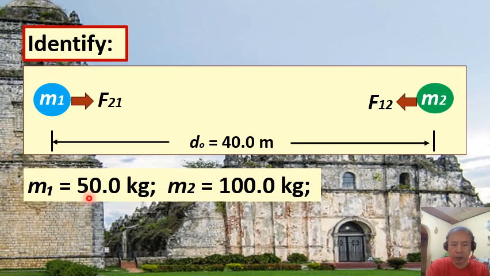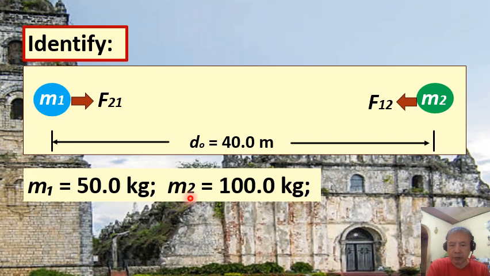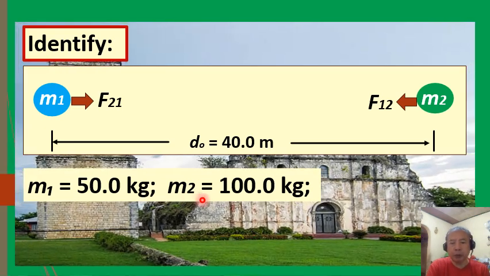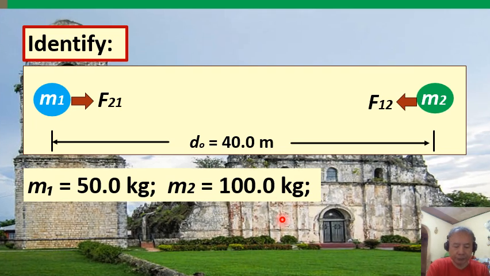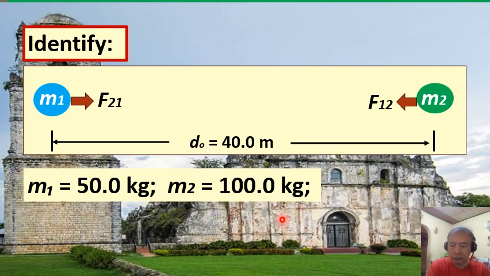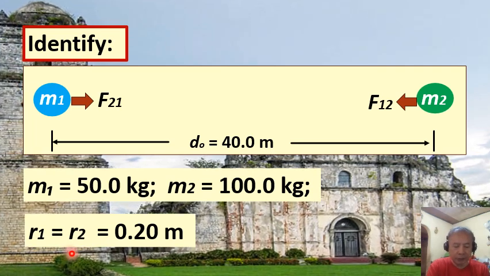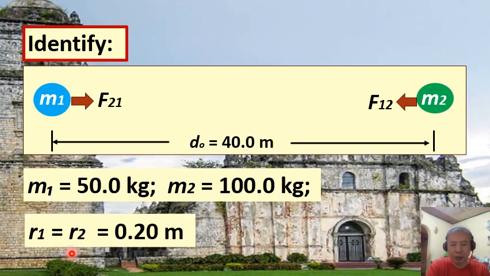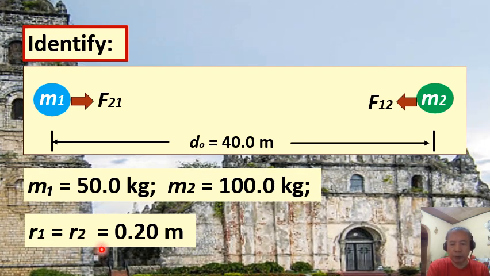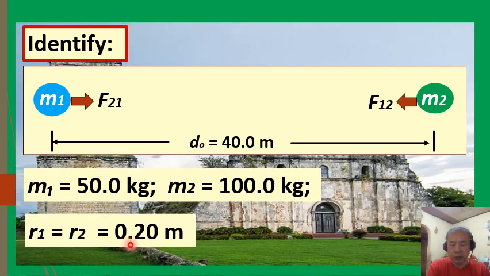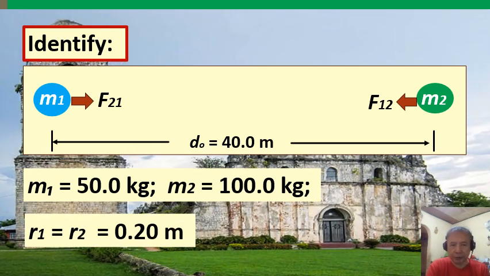M1 equals 50.0 kilograms, while the mass of sphere number 2, M2, is equal to 100.0 kilograms. And their radii are equal. So r sub 1 is equal to r sub 2, which is equal to 0.20 meters.